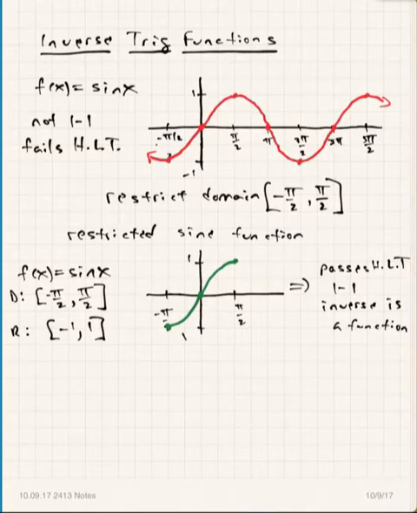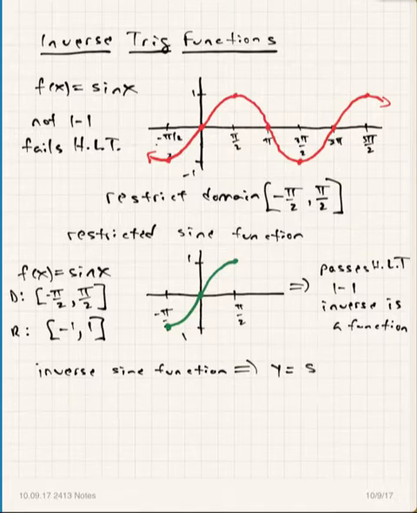All right, so we get what we call the inverse sine function. One notation that you'll see for the inverse sine function is y equals sine inverse x, where you use a negative 1. It kind of looks like an exponent, and it reminds you of the inverse notation that we use in algebra.